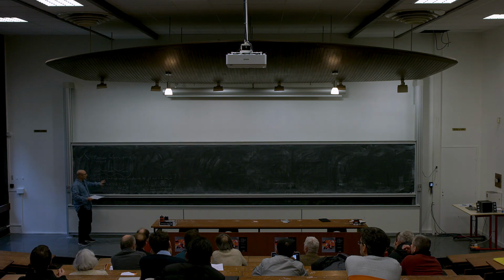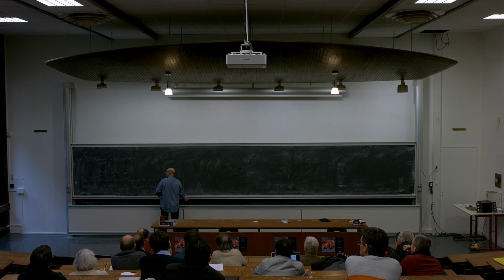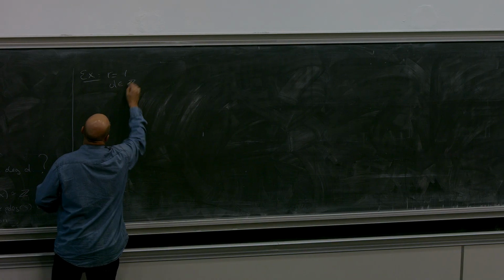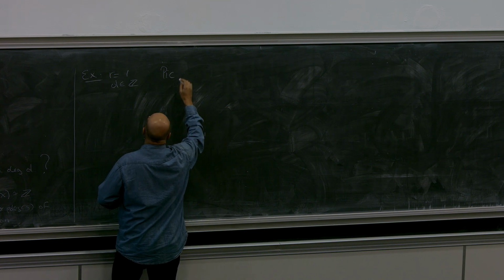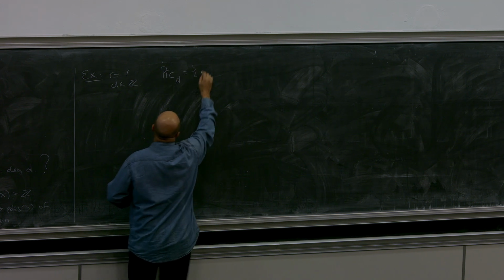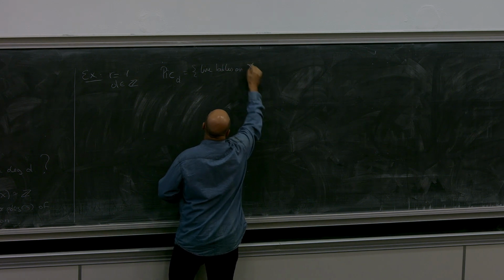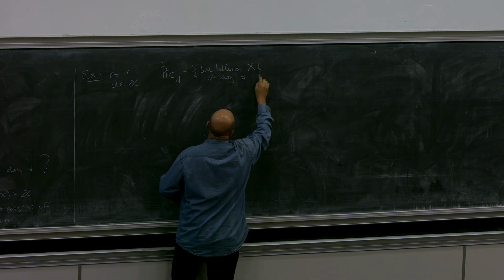If I look at rank 1 bundles, so line bundles, so example, R equals 1 and D is anything. Then I'm looking at the so-called Pic D, the set of all line bundles on X of degree D.